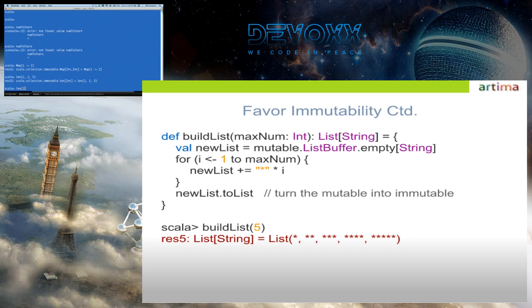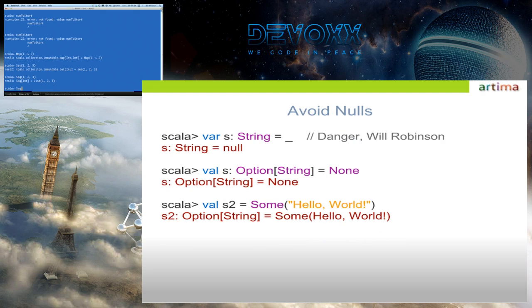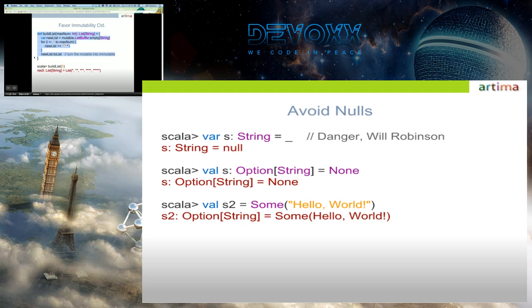But if I say Seq 1, 2, 3, I don't get an immutable one. I get a general one that could be mutable. So if you make your return type Seq, even if it's a List, that means it could be an Array, which is mutable. So with Seqs, you have to actually say you want an immutable one. That's just one thing to know.